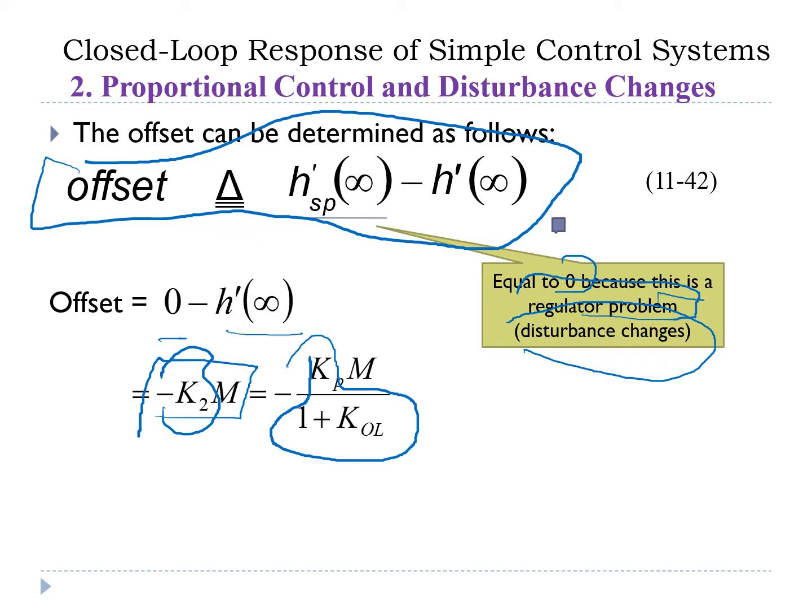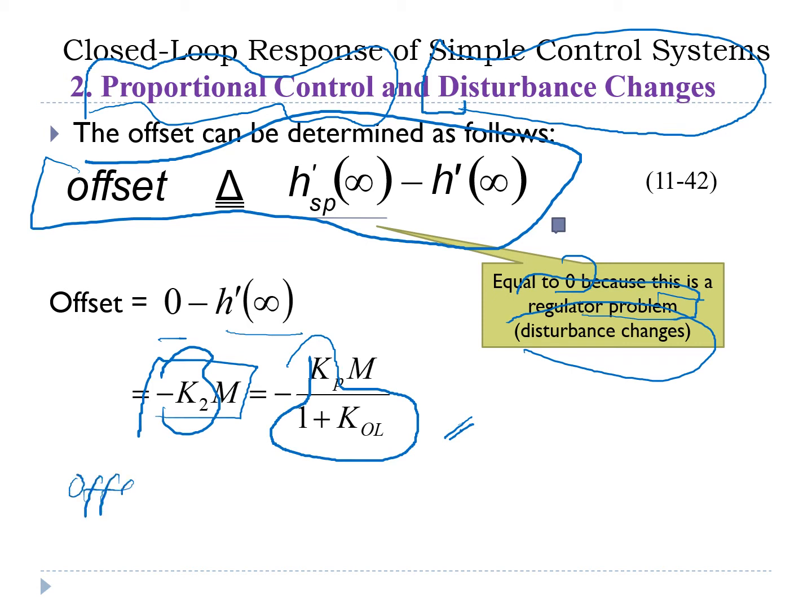Okay, so according to this result for this disturbance change, and from last week for set point change, both indicate that the use of a proportional only controller will leave an offset, meaning that your offset is not equal to 0.